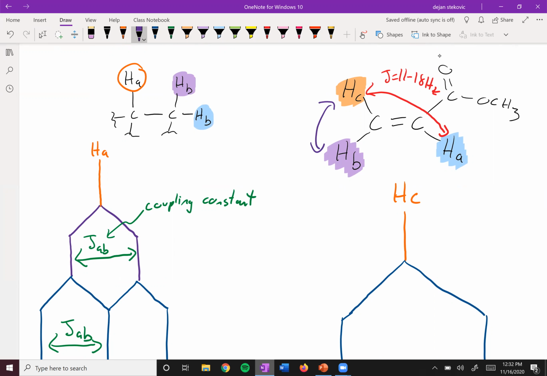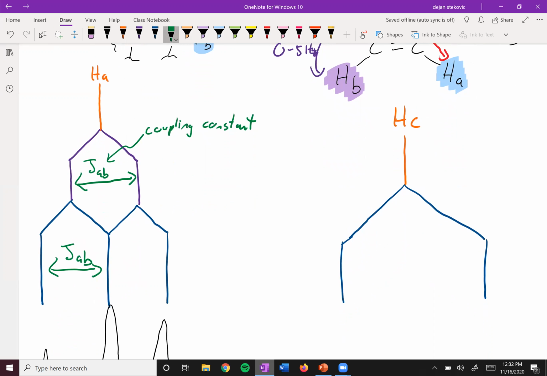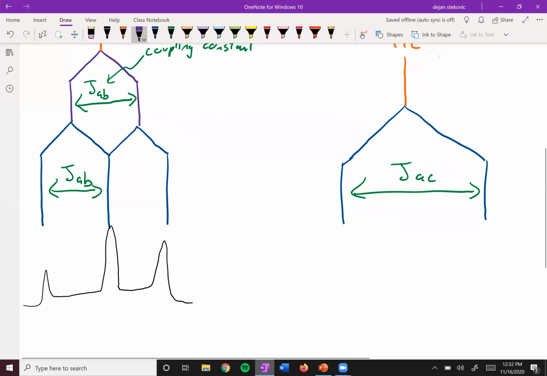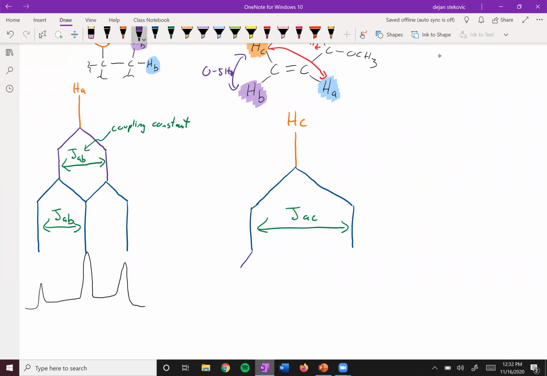However, this coupling constant is only about 0 to 5 hertz, so it's much smaller than the other coupling constant. Call this JAC. Then we're going to split it again, this time by a much smaller amount.